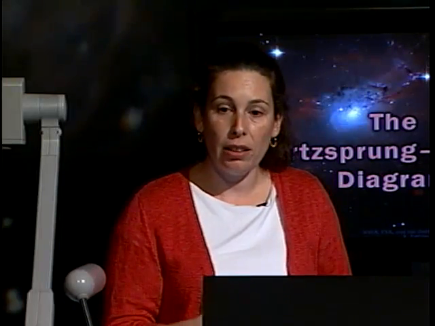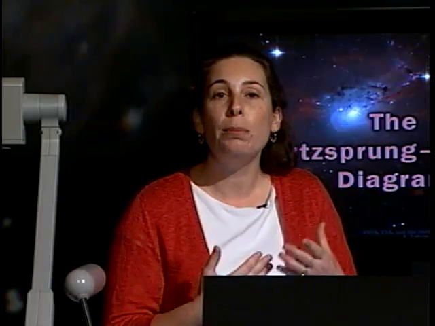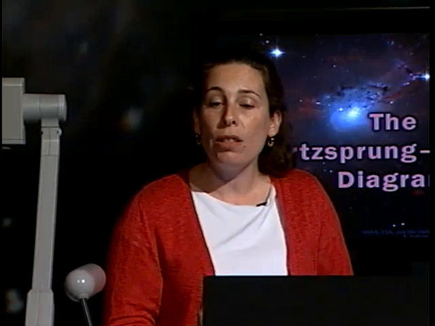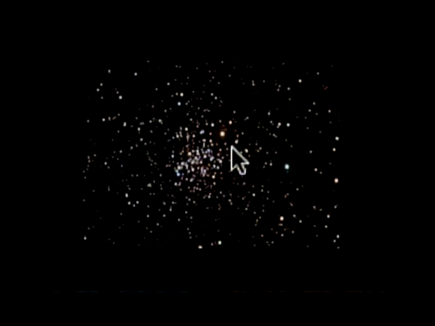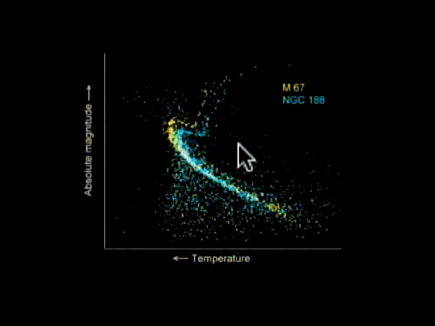All of the stars in a cluster are also at approximately the same distance from us, which allows us to say that if this star looks brighter than this one right there, it's because it really is. It's not because this one is closer than that one, because they are about the same distance. So if we get each one of those stars and we measure their color and measure their luminosity and we plot it in an HR diagram, we'll see the main sequence and we'll see something funny happening here.